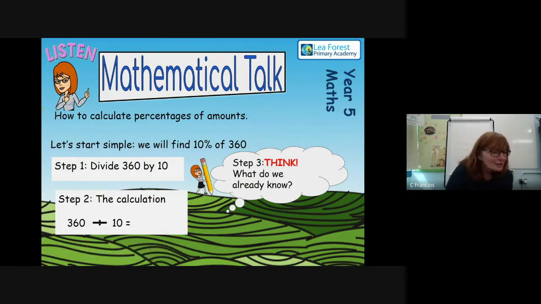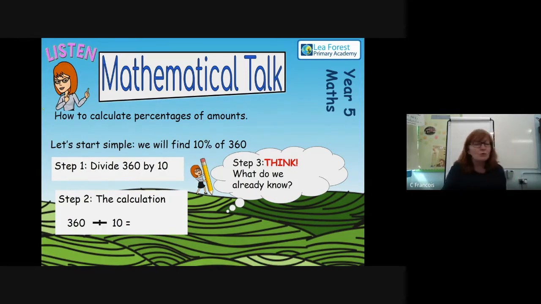Come on, guys. Oh, Isla, we do move, but when we divide, we move. Well done. Summer, yep, you were right with we move right one column.